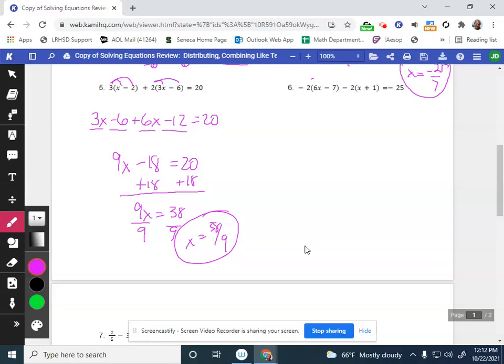Number 6, I'm going to distribute. So I'll have negative 12x plus 14. I'm distributing here as well. Now keep in mind, this 2 is negative. So when I distribute, it's negative 2 times x makes minus 2x. Negative 2 times 1 makes minus 2. Oops, that's a negative 25.